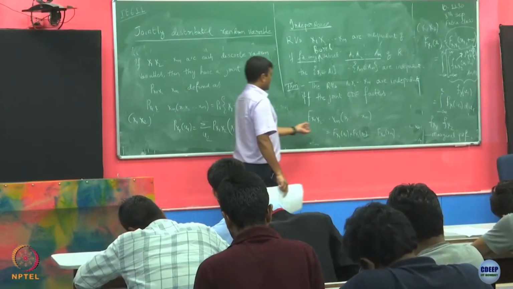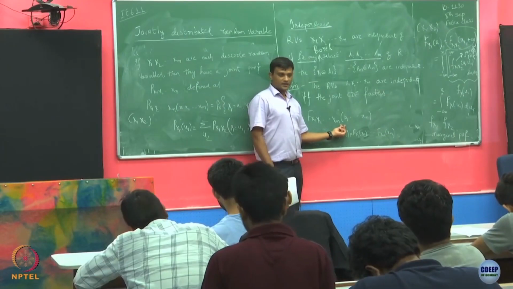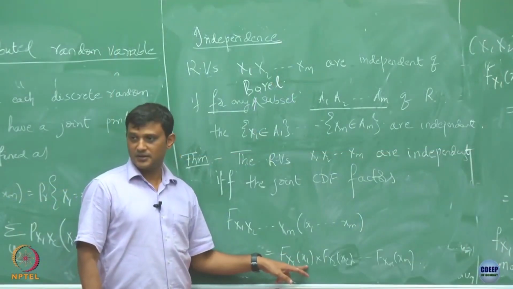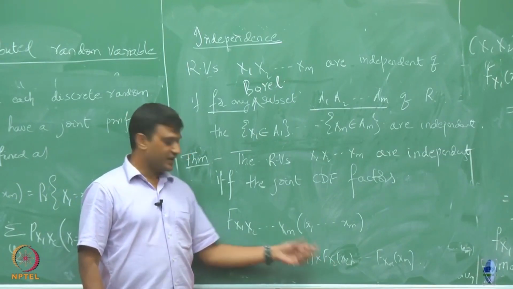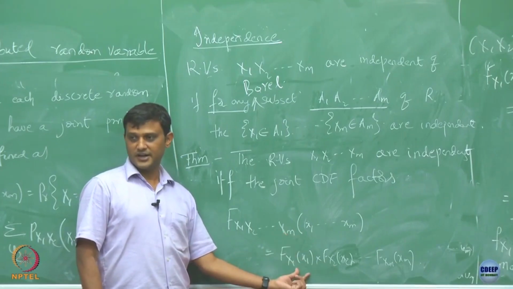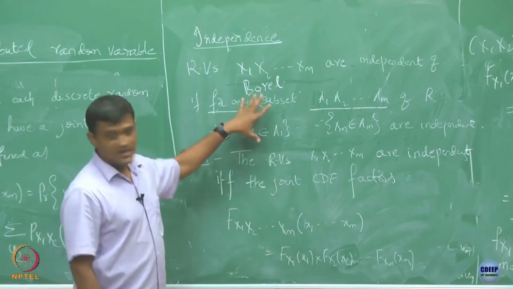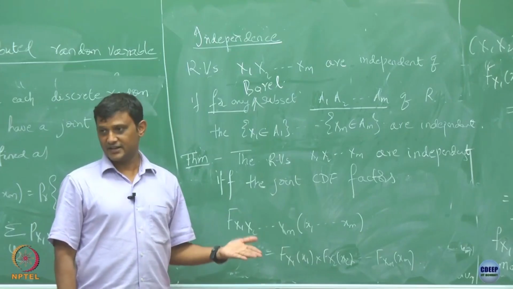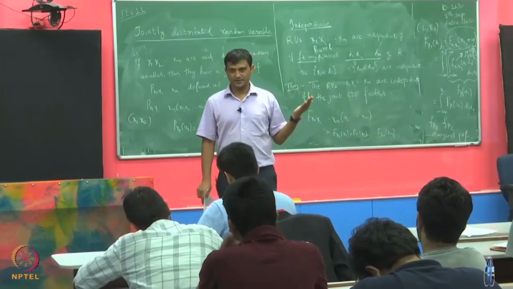If you take this joint CDF, then F of x1 is the marginal CDF for random variable X1, and F of x2 is the marginal CDF for random variable X2. We are saying that this joint CDF splits as the product of individual CDFs. So instead of checking for all of this, if you can check this condition, it means that your random variables are independent.